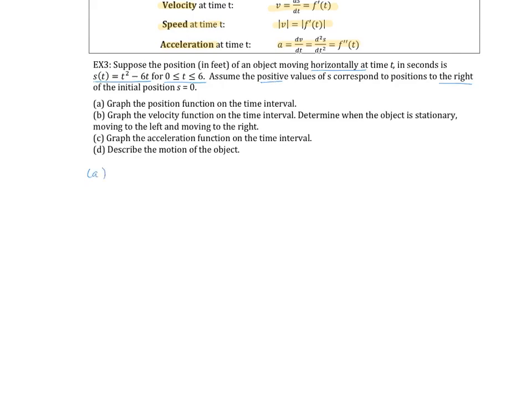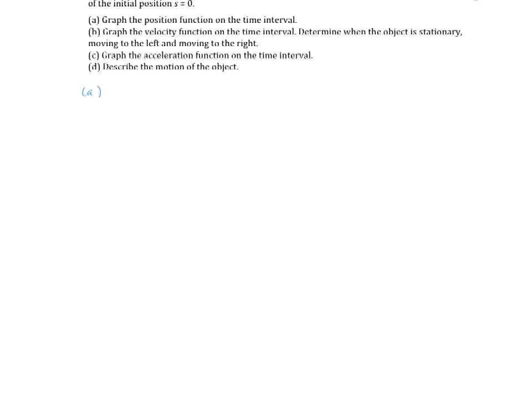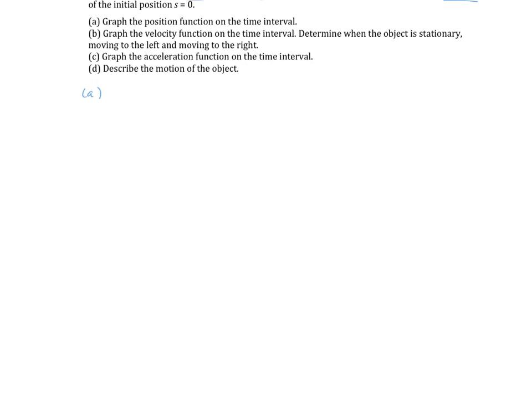Part A asks us to graph the position function on that time interval. So this position function is a parabola opening up. Here, let me just do a quick sketch. But remember, we're only graphing this function from 0 to 6. And at 0, we're at 0. When t is 6, we're at 0.